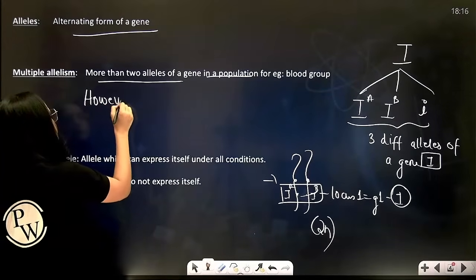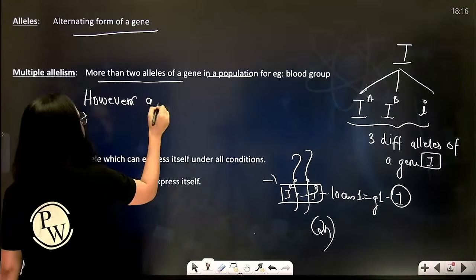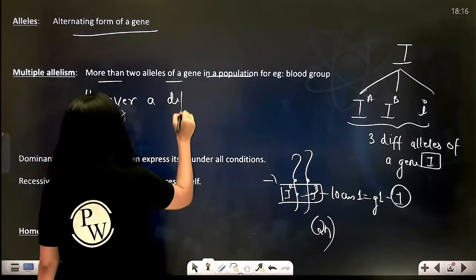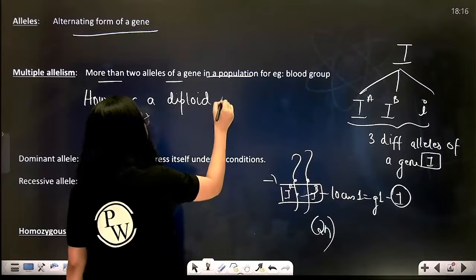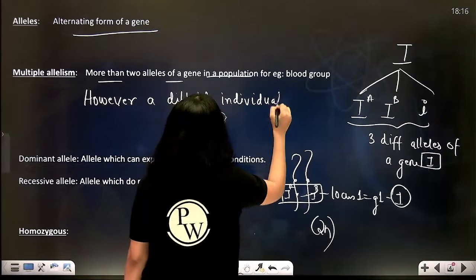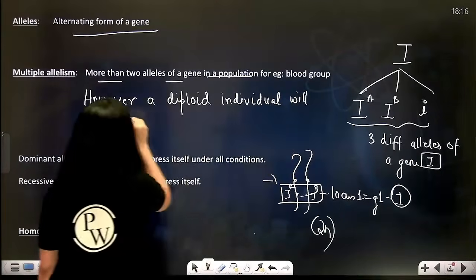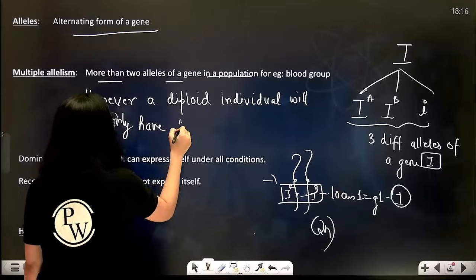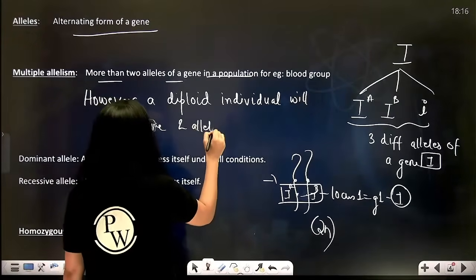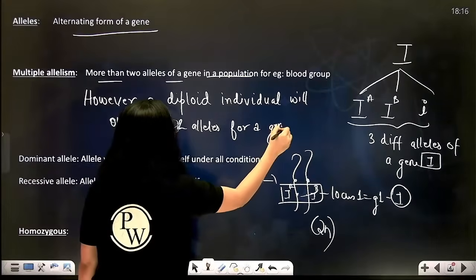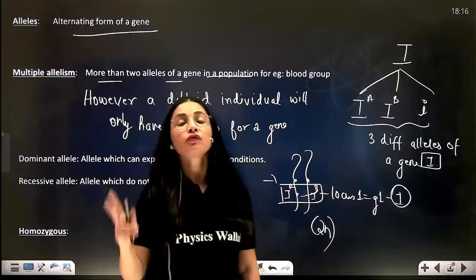However, a diploid individual will only have 2 alleles for a gene.